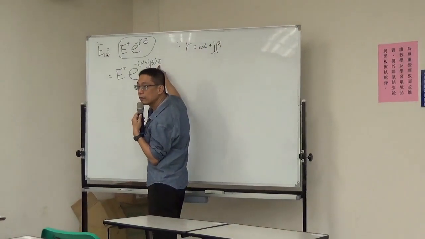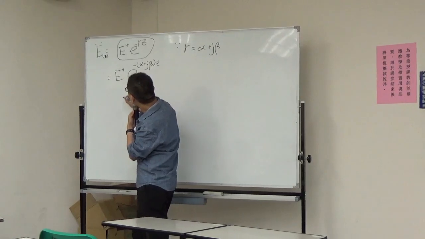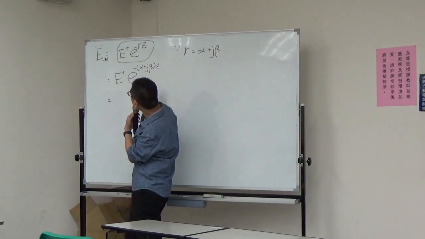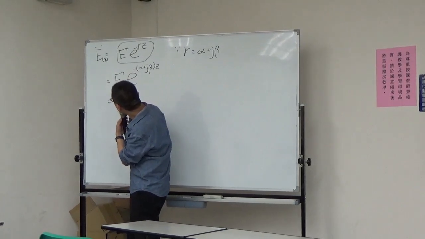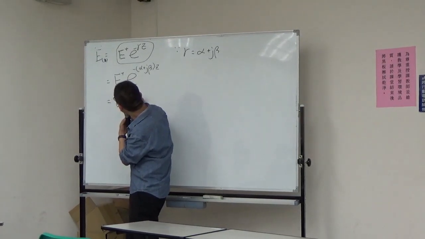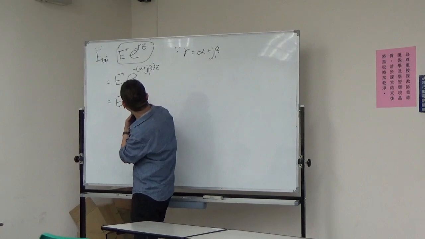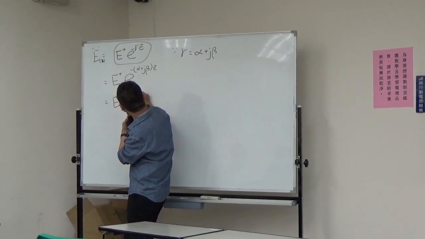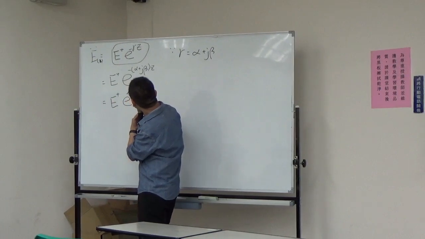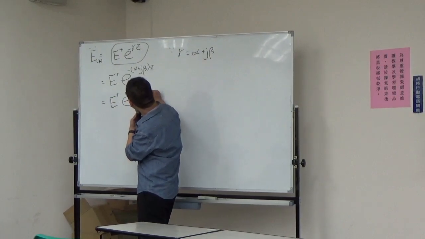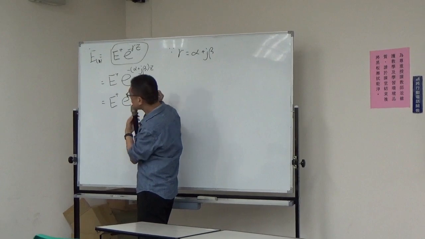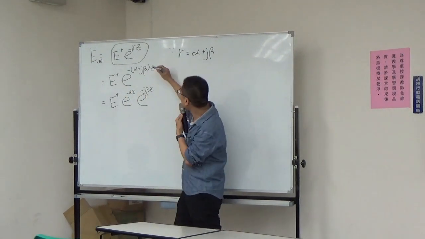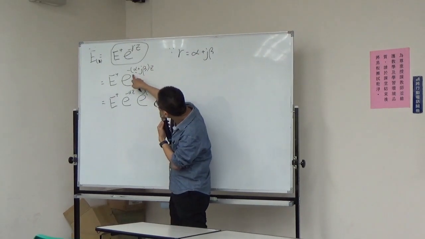This one can be written down, you can take the real part outside, as E plus multiplied by exponential minus alpha z multiplied by exponential minus j beta z. Understand? You can take this term outside.